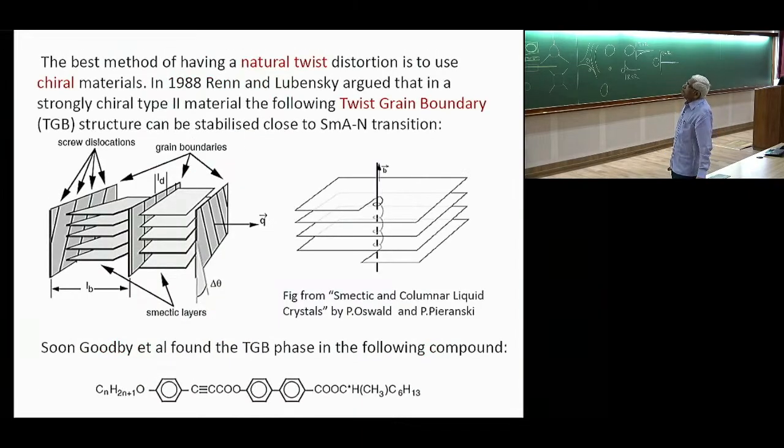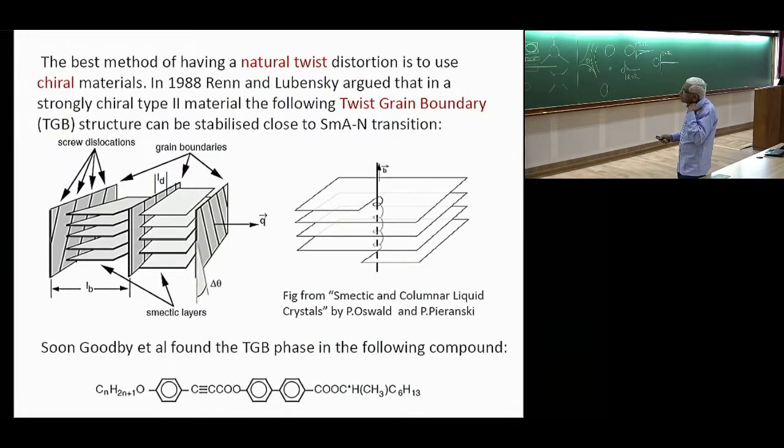Then the best method of having a natural twist distortion is to have chiral materials. We have already talked about them. So in 1988, Renn and Lubensky argued that in a strongly chiral type 2 medium, the following type of twist grain boundary phase can be stabilized. They worked out this theory.